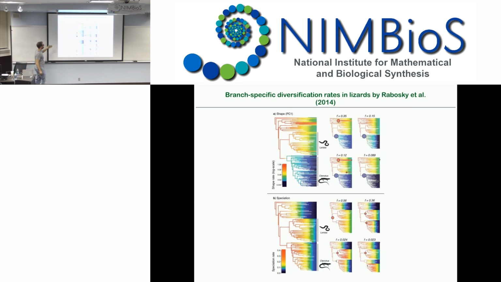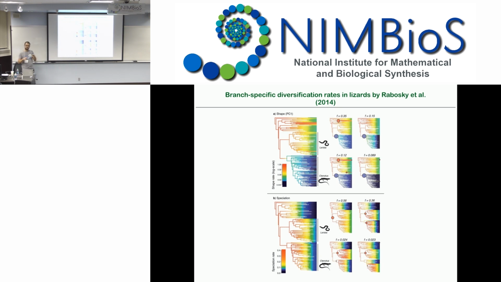But there are also other ones where we see that diversification rates change more drastically, and we can also estimate at which points in time or at which clades those shifts have occurred.